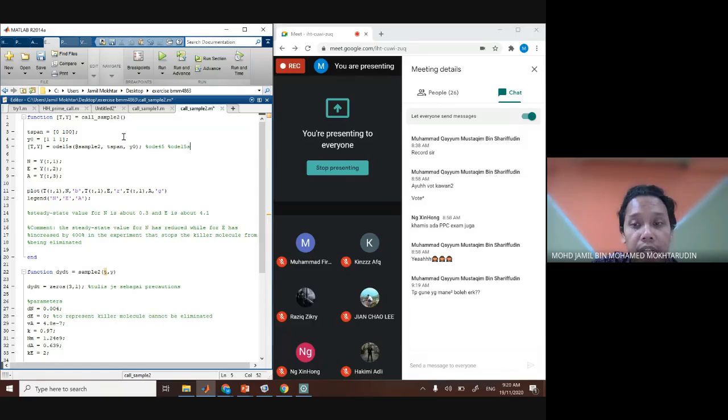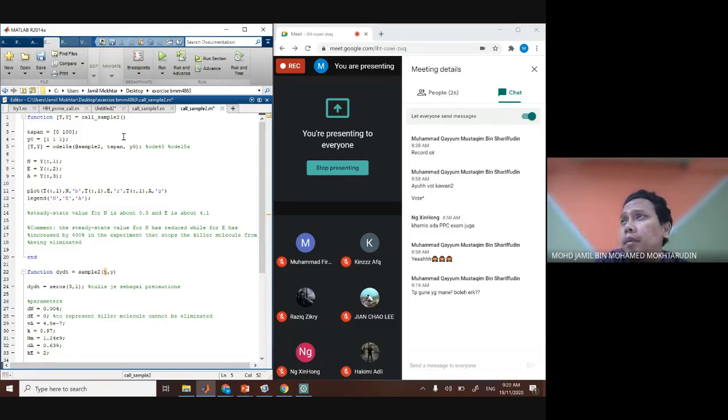Sama macam finite element problem juga. Dalam finite element, tak tahu korang belajar dulu dengan Dr. Jasri ke dengan Dr. Shah ke, bila guna software, bila buat complicated sikit, bila solve dia makan masa yang lama. Selalunya ada 4 sebab.